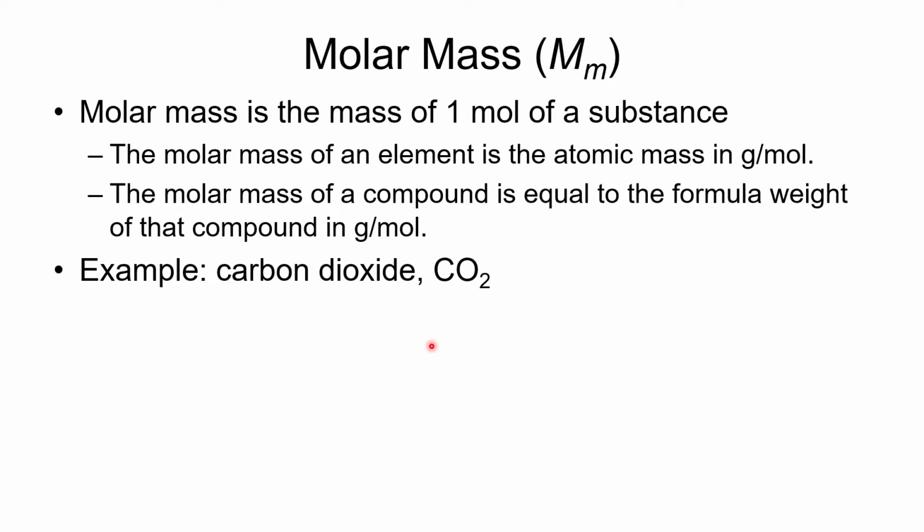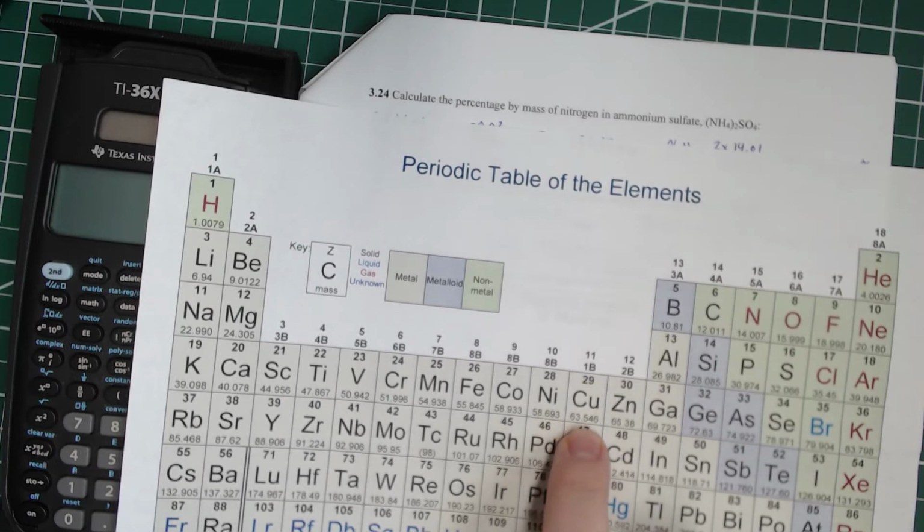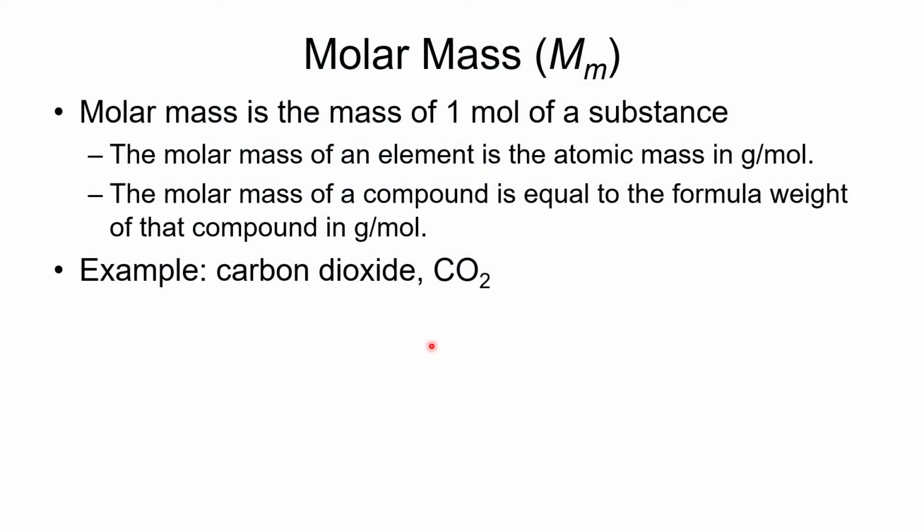For example, the average atomic mass for copper, again looking at my periodic table here, comes out to 63.546, so about 63.55 if we round to the hundredths place. That is the average mass in AMUs for 1 copper atom. But 1 mole, 6.022 times 10 to the 23rd copper atoms, is going to weigh 63.55 grams. That's what the molar mass does for us.